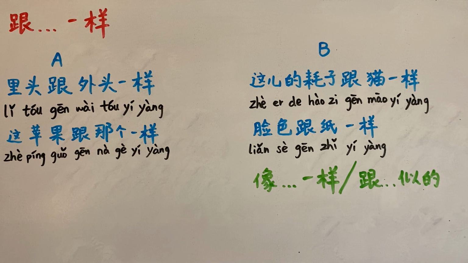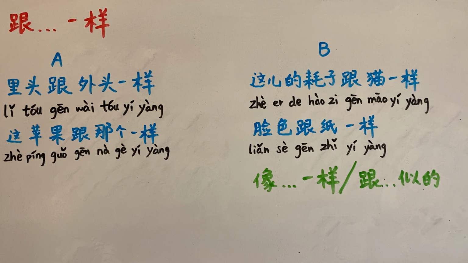So this pattern, or you can see that as a word pattern. Technically, it's a sentence pattern. The sentence pattern 跟一样. So we're going to talk about this sentence pattern using the first type.